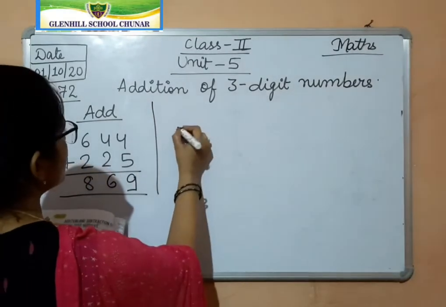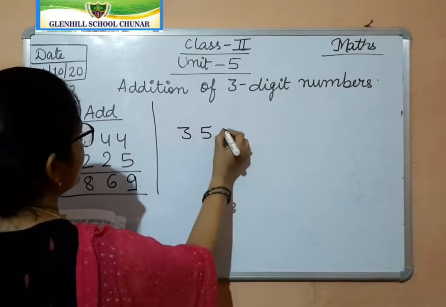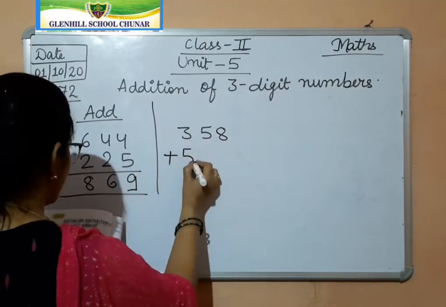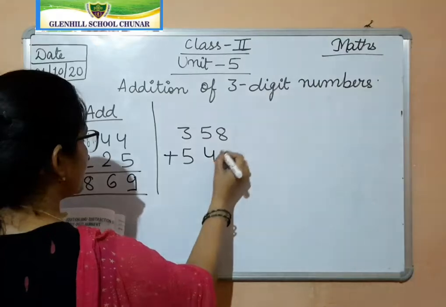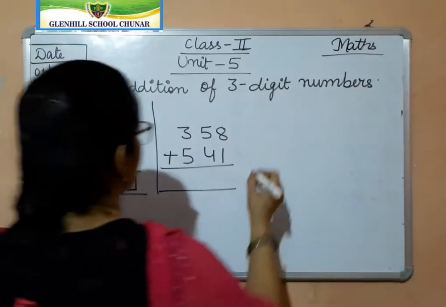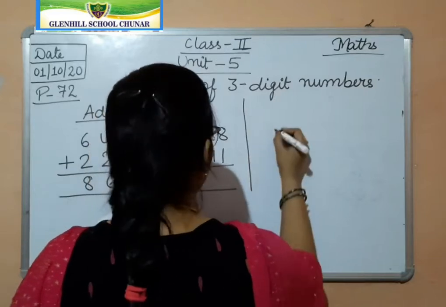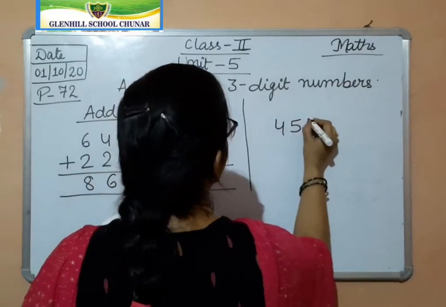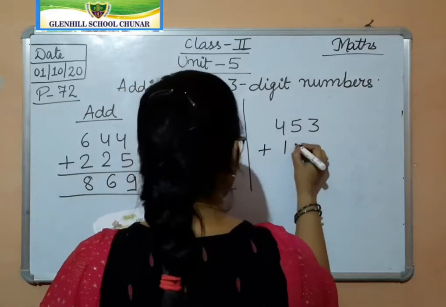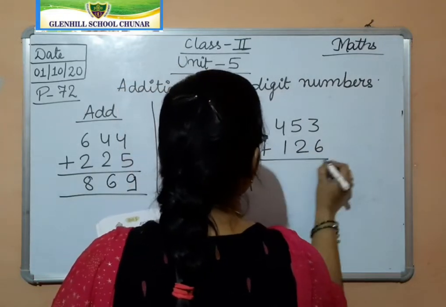Now next, 358 plus 541. Then 453 plus 126.